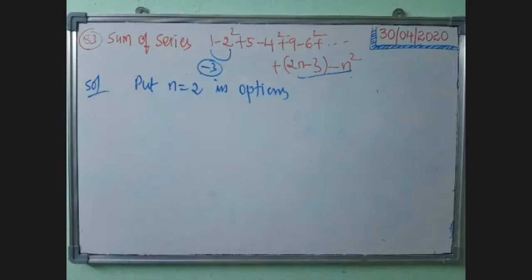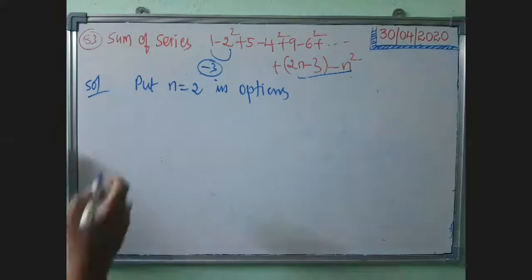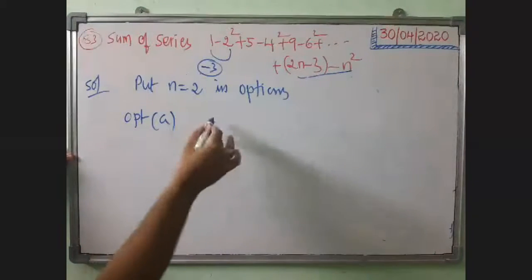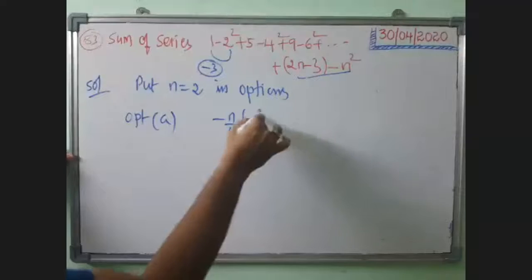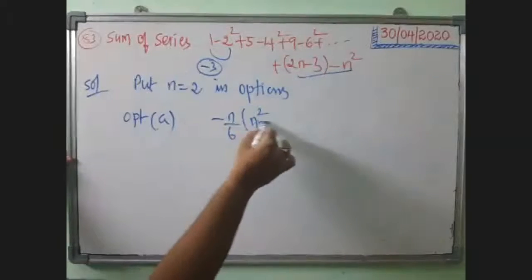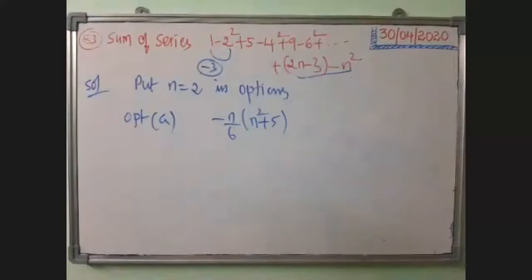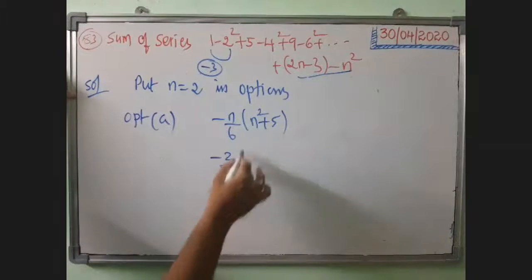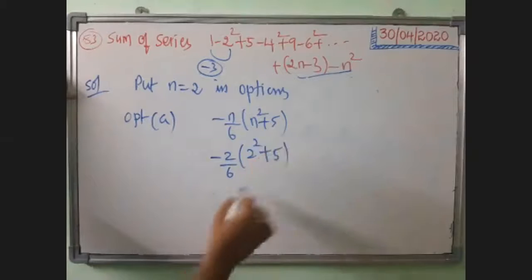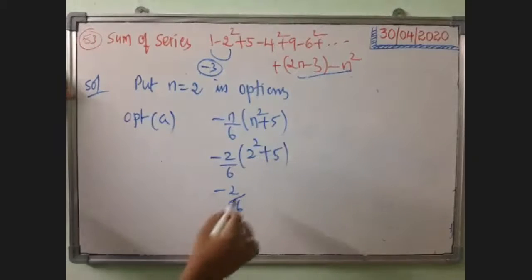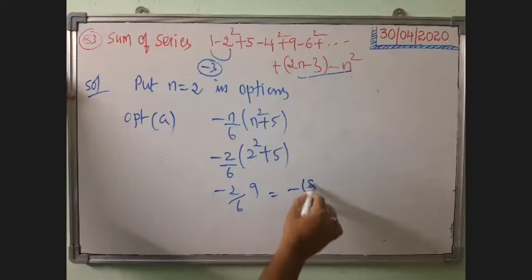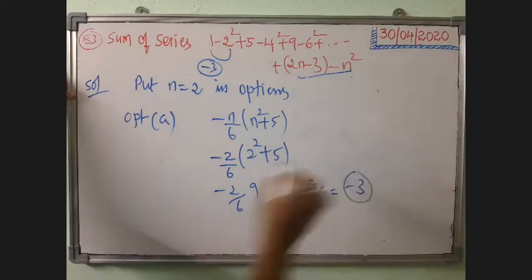So in this question number 83, which can be solved within quicker time, you take option A. What is given? Minus n by 6 into n square plus 5. If I keep n equal to 2, I get minus 2 by 6 into 2 square plus 5, minus 2 by 6 into 9, which is minus 18 by 6, equal to minus 3.